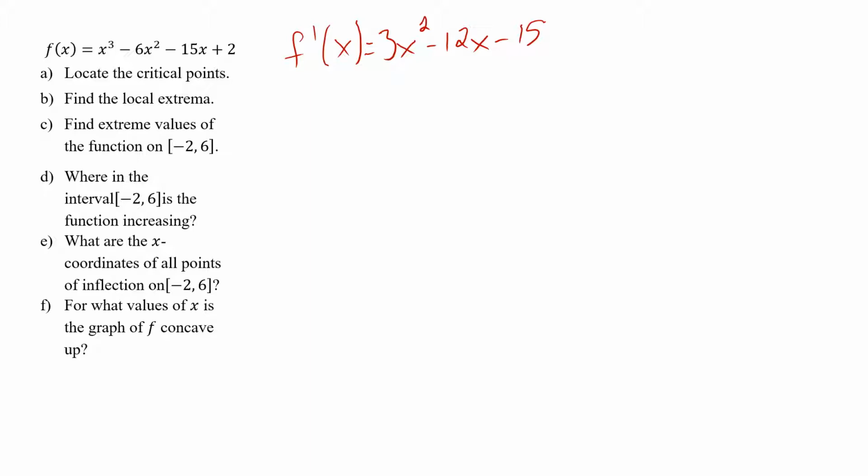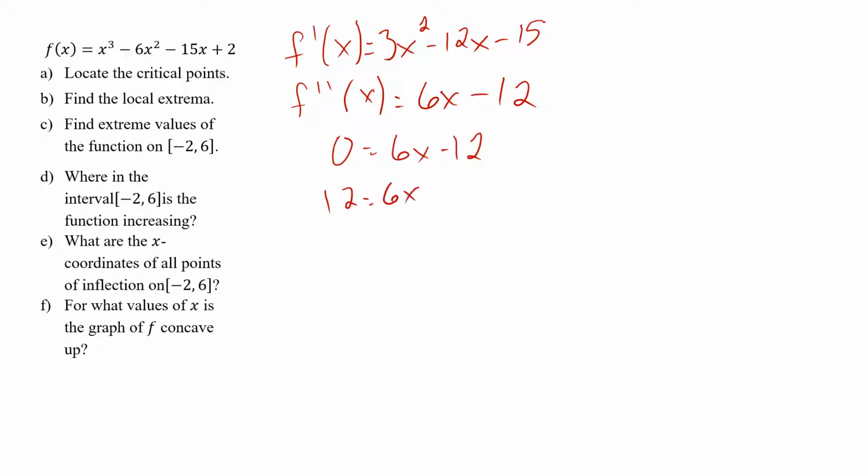So then the second derivative will be 6x minus 12. Points of inflection, we need it equal to 0 because it will be defined, so we don't have to worry about that. But 0 equals 6x minus 12. Add the 12, divide by 6. X equals 2 is the point of inflection.